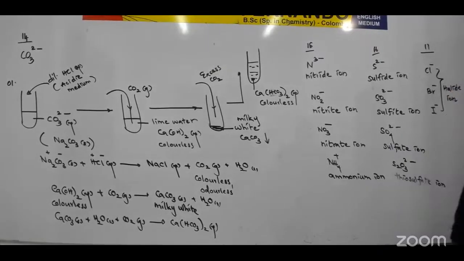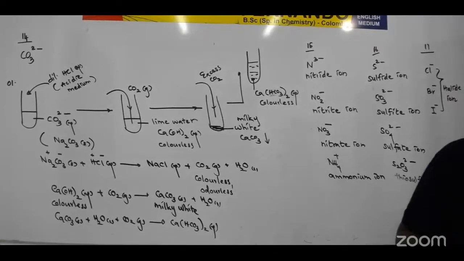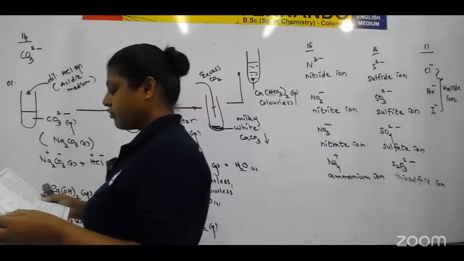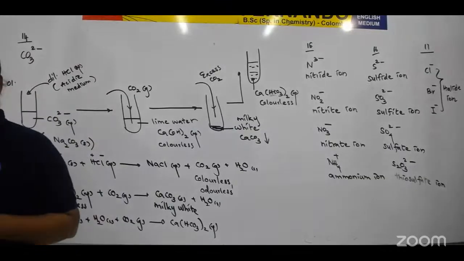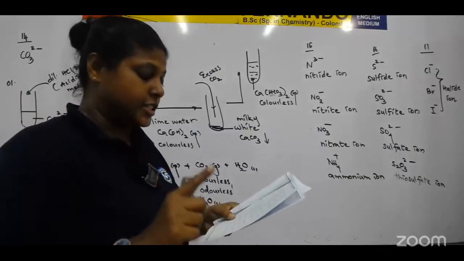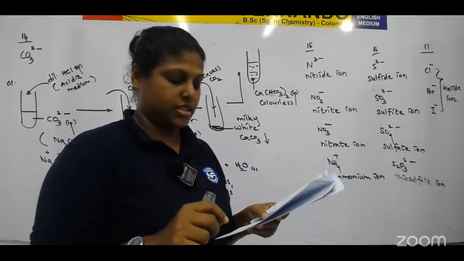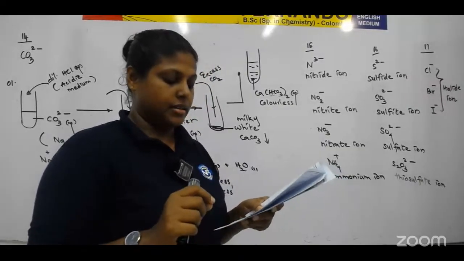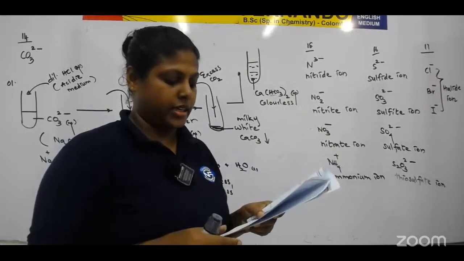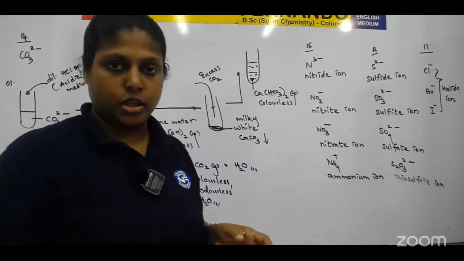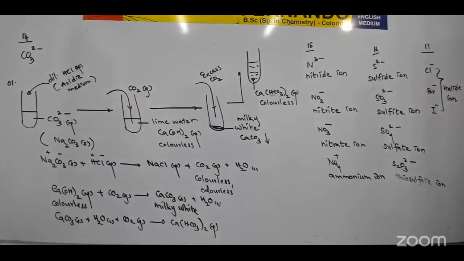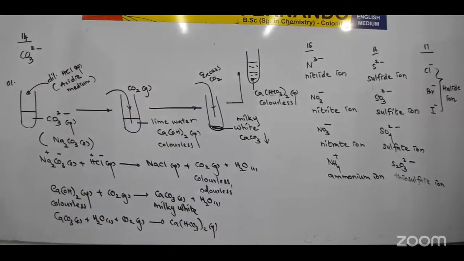Right, then what's the second test to identify carbonate? Second test, heat the solid carbonate, pass the bulk gas through the lime water. Then excess lime water gives a clear solution after formation of the milky white precipitate.